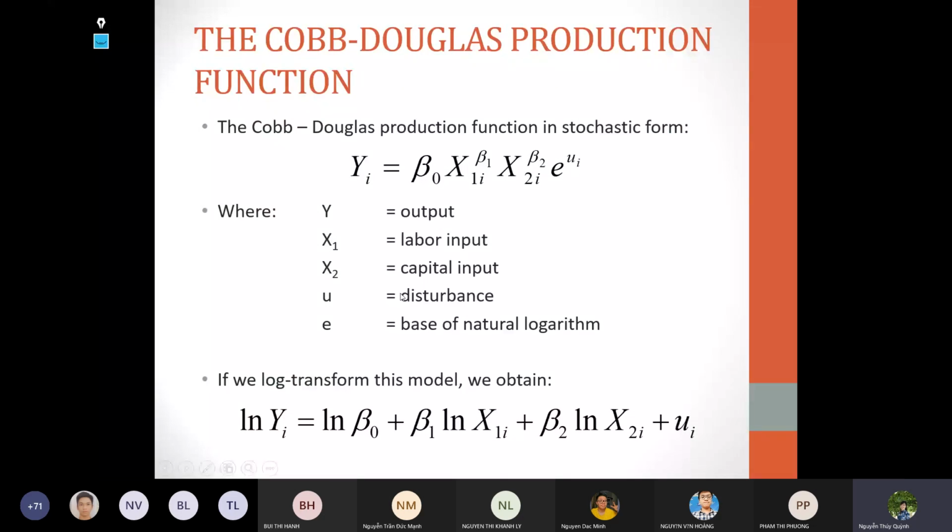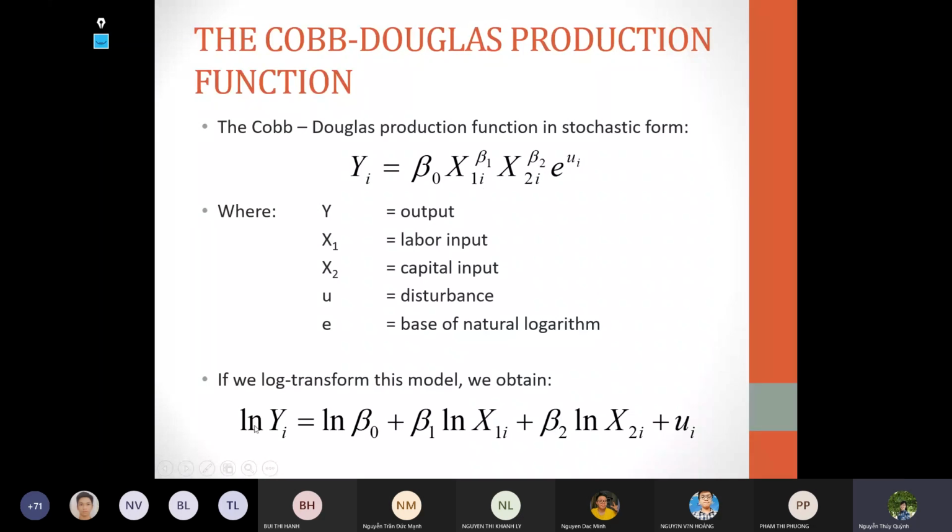Now, in order to make it easier to analyze this relationship, we will take the logarithm form of this function, which means that we take the natural log of this equation.